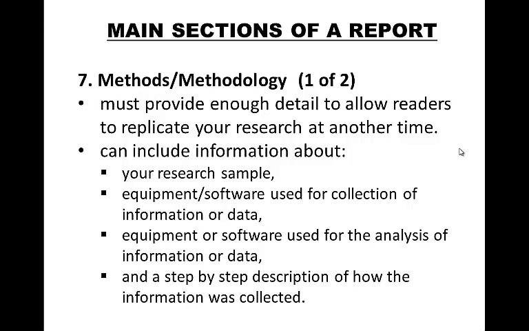This section is commonly included in research or scientific reports, but not in business reports. A large portion of an investigative report deals with what was done to gather information, but the section is usually not called methods.